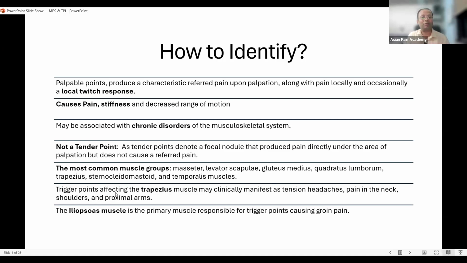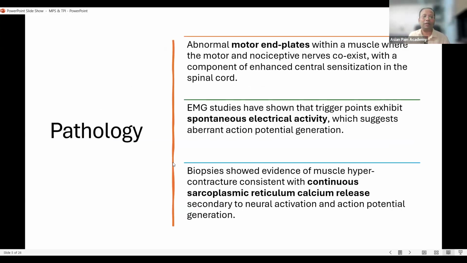Trigger points affecting the trapezius may clinically manifest as tension headache, pain in the neck, shoulders, and proximal arms. Remember, nowadays in pain clinics, this group of patients is a major chunk because of the IT sector, I mean computers in our day-to-day work life. The iliopsoas muscle is the primary muscle responsible for trigger points causing groin pain. So this much you remember.